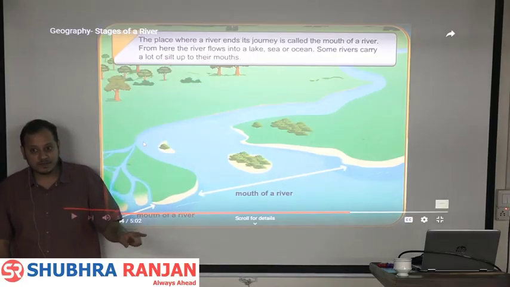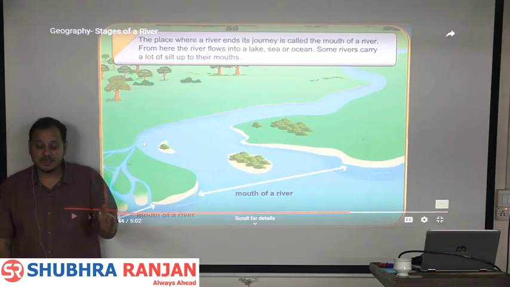Why do west flowing rivers form estuary? Because the west coast is submerged. Why do the east flowing rivers form delta? Because they are big rivers and they are an example of an emerged coastline.